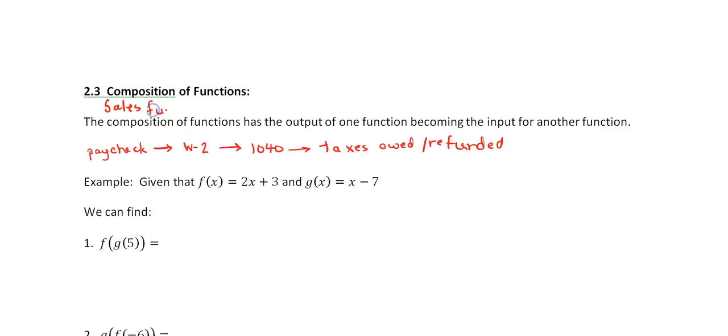So I figure out how many I've sold, and then I have to take care of cost of sales.